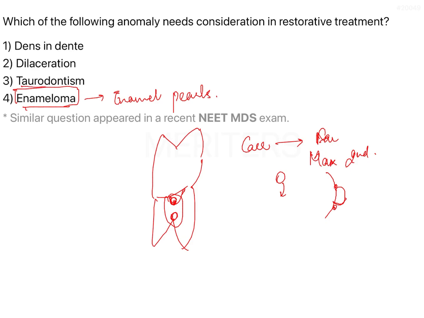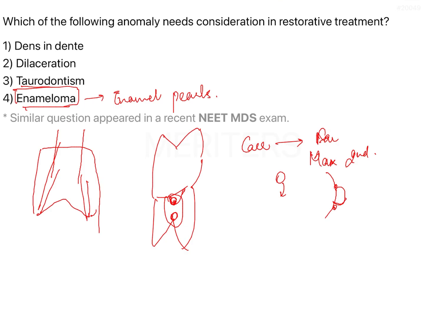Coming to these two options, taurodontism and dilaceration. Taurodontism is basically where the pulp chamber is enlarged, with the roots being extremely small, whereas the pulp chamber occupies the majority of the tooth. In such a situation, when you're performing root canal therapy, you will have to gain access and remove all the pulpal tissue, and your obturation is going to end only at the end of the root length.